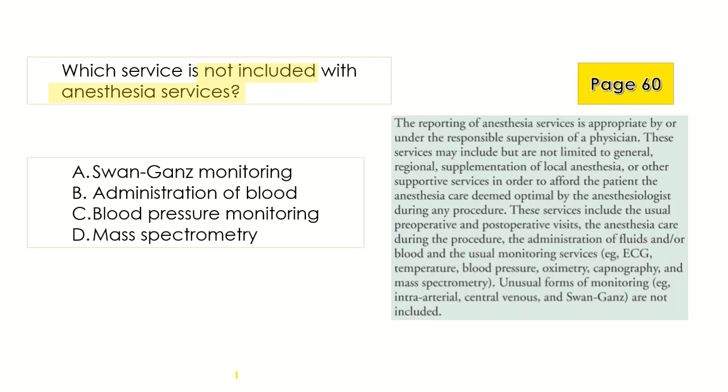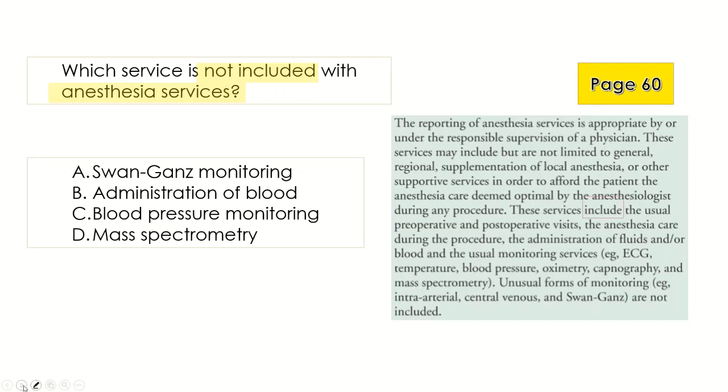These services may include, but are not limited to, general, regional, supplementation of local anesthesia, or other support services in order to afford the patient the anesthesia care deemed optimal by the anesthesiologist during any procedure.